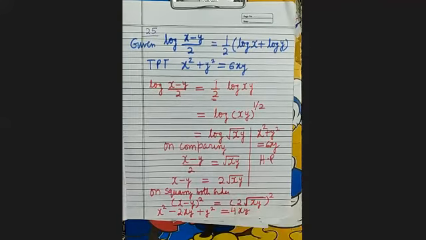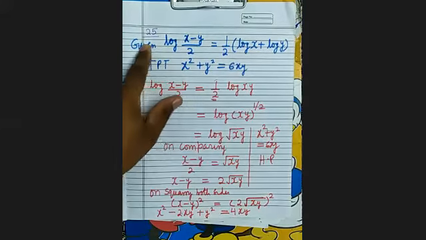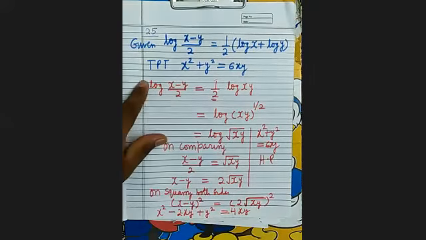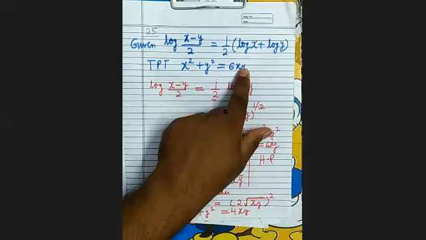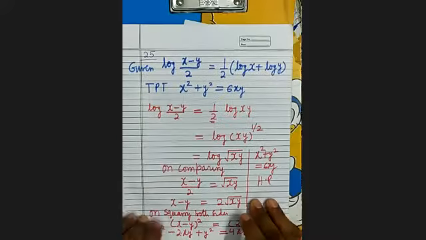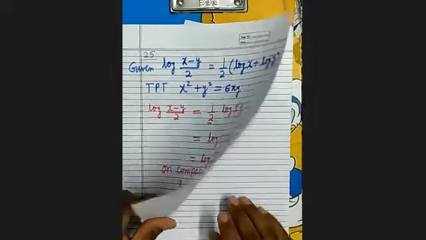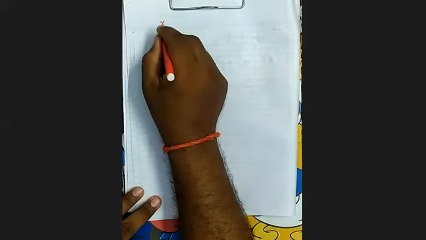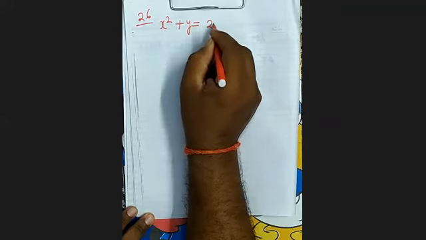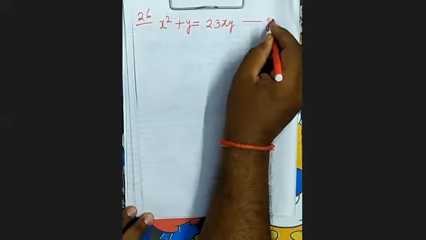Now see here, what was given here was a logarithmic equation, given in terms of log. What we had to prove was an algebraic equation. There is no log term there. Now if you see question number 26, here an algebraic equation is given and you have to prove it in logarithmic form. Here in question number 26, this is given: x square plus y square equals 23xy.